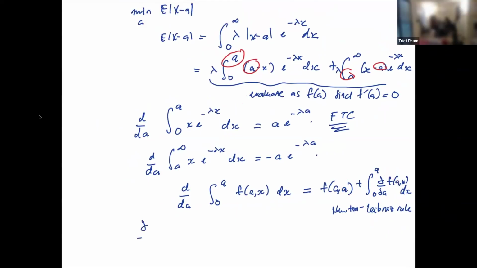If I differentiate with respect to a, so if I plug in a, it becomes 0, so it will become the integral. If I differentiate with respect to a, you see, then this part becomes 1. So it's just e to minus lambda x.